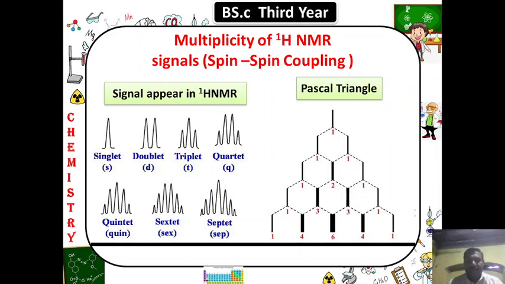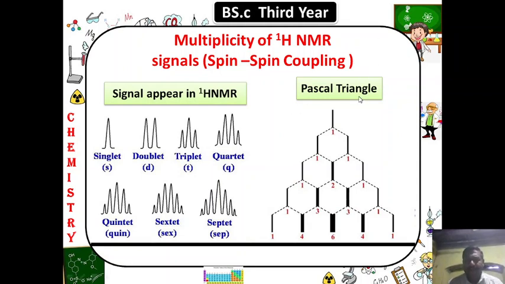In the NMR spectrum, the peaks appear as different signals. It is very important to know the behavior of the neighboring protons on the neighboring carbon, because only because of that does this H1 NMR spectrum arise.